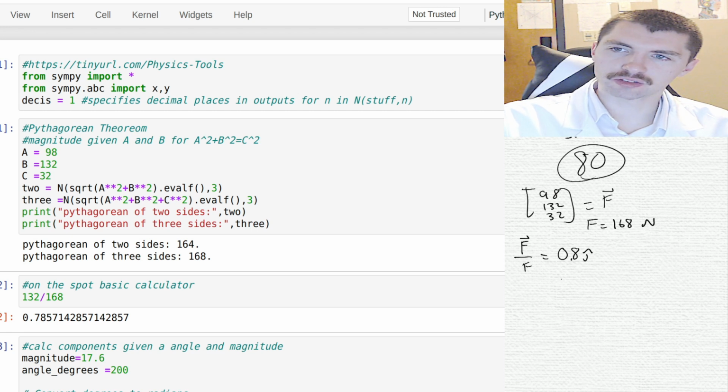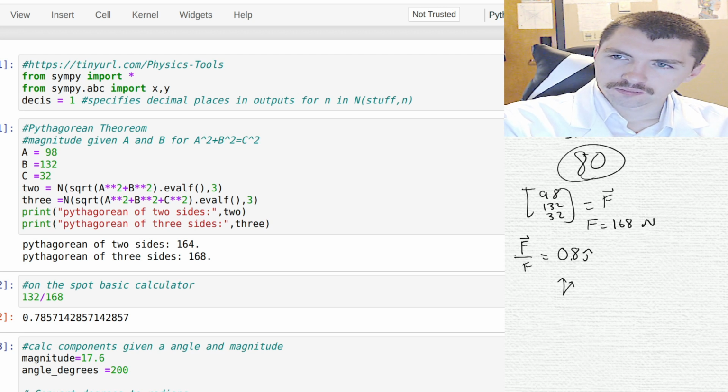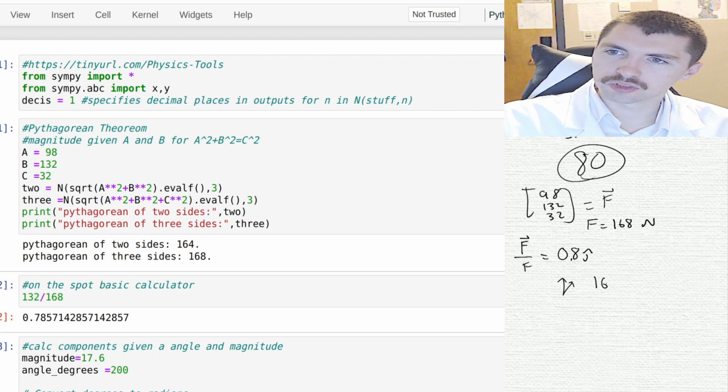So if J is like that, then we're taking 0.8J, like that. So it's going to be 168.8J.